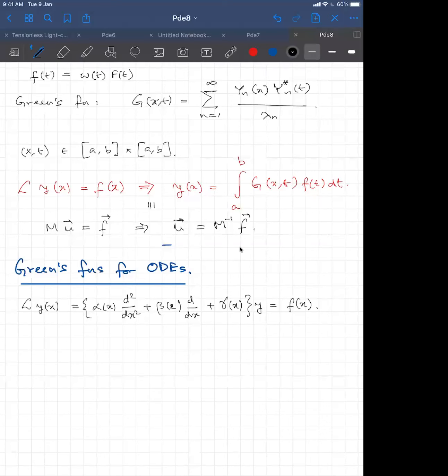So the Green's function of L is the unique solution to the problem. Let me define this.